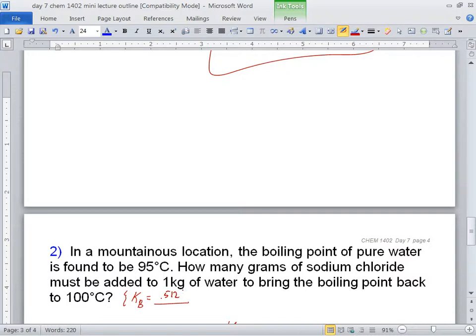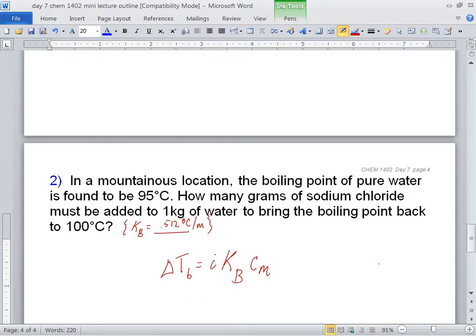Thank you. Degrees Celsius per little m. So we need that. Oh, I have to give you all those constants.